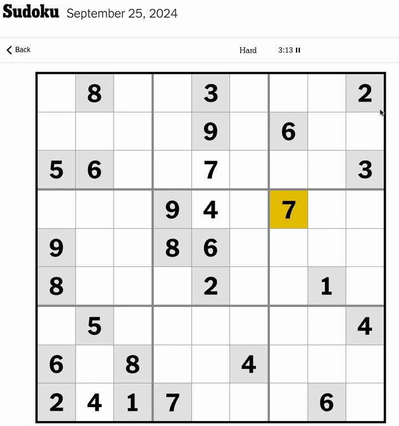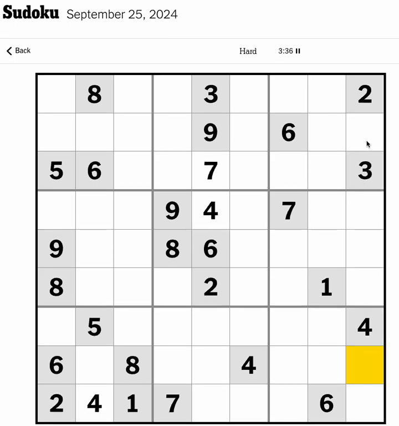And now I'm looking at column 9 where 1 and 7 have not been placed. These three cannot use 1 or 7, and this cell is also blocked by 1 and 7. That leaves only 2 cells for 1 and 7 on column 9.